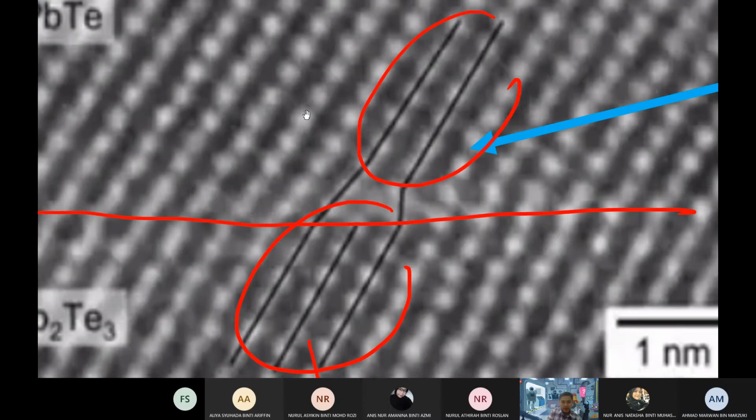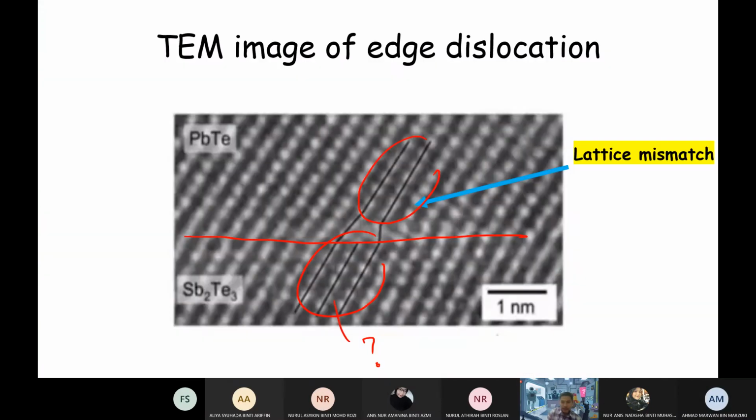Betul kan? We have an extra line here. So this is what we call a line defect. This is the lattice mismatch. We can see that we have an extra half plane here at the upper side.